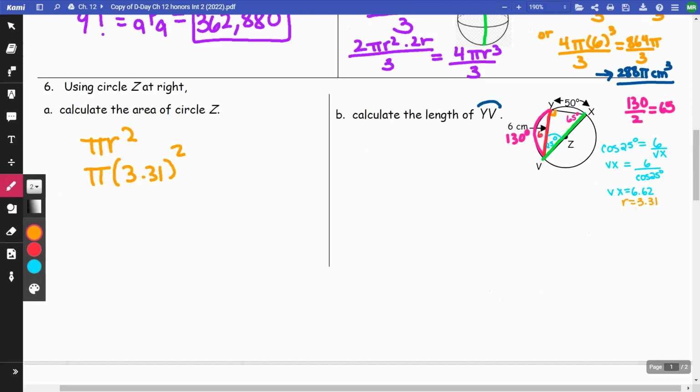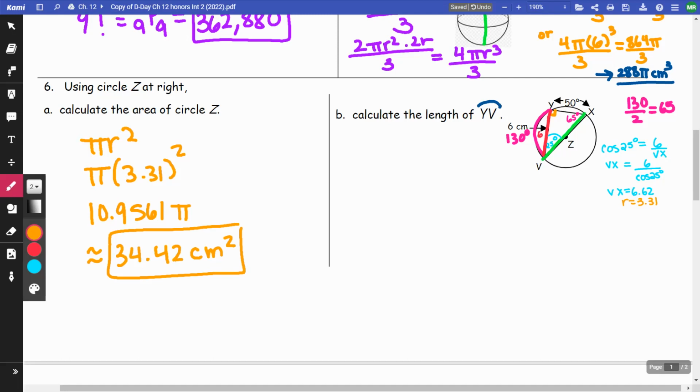And so when I do that, 3.31 squared, I get 10.9561 pi, or if I actually work it out using pi, I end up with about, let's say, 34.42, and this is going to be centimeters squared, and that's going to be our answer.